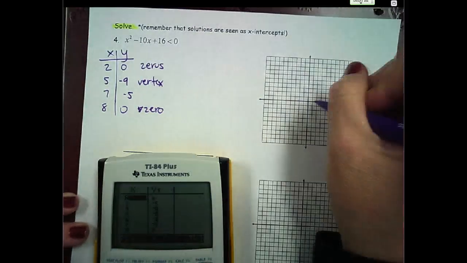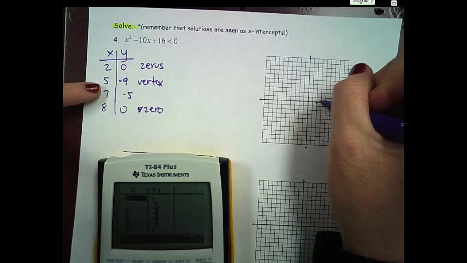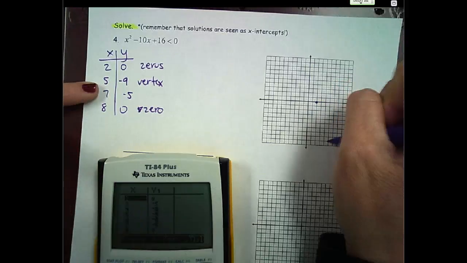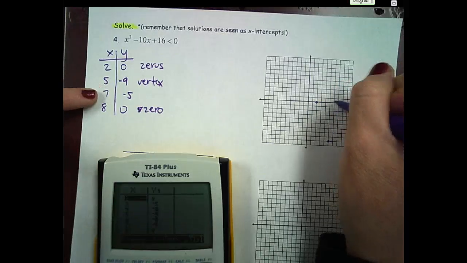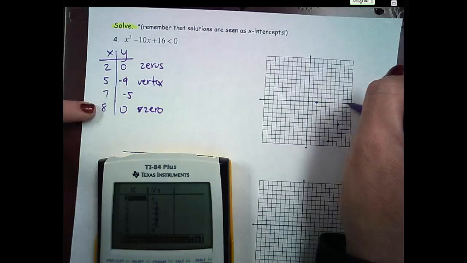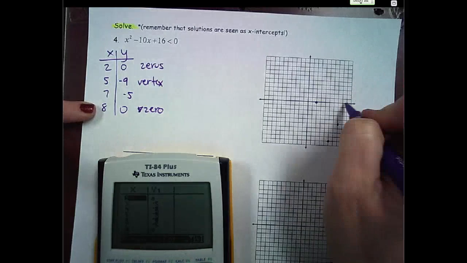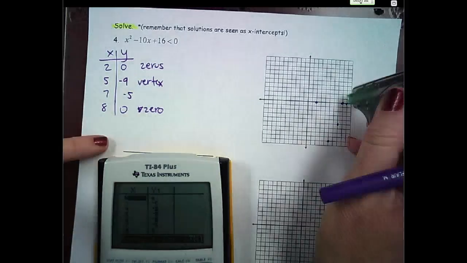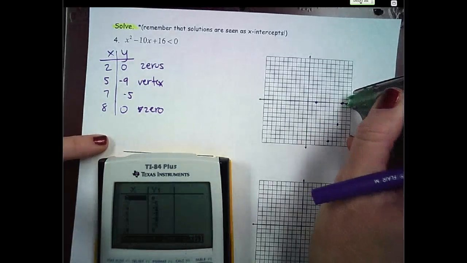Then you go over and you graph your picture. It's a dashed line.